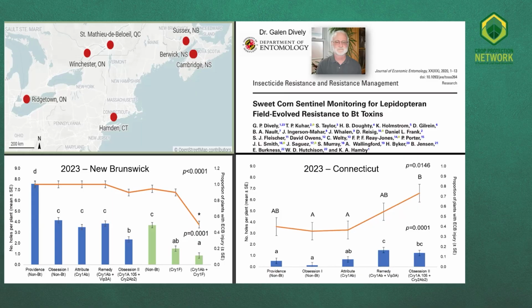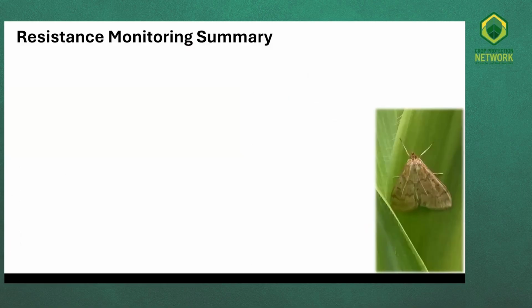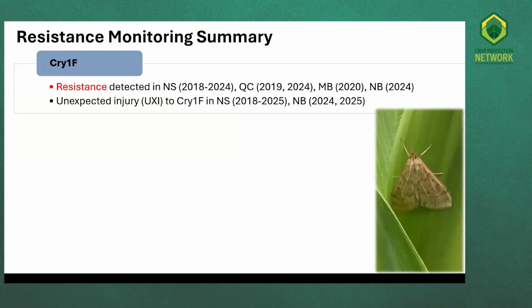So just to summarize where the resistance monitoring is now, basically we have detected resistance to Cry1F in Nova Scotia from 2018 until 2024. We found it in Quebec in 2019 and in 2024. We found it in Manitoba in 2020 and in New Brunswick in 2024.